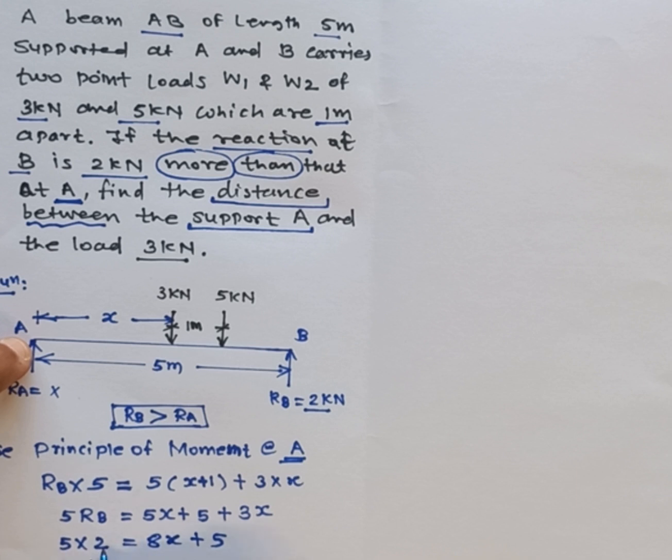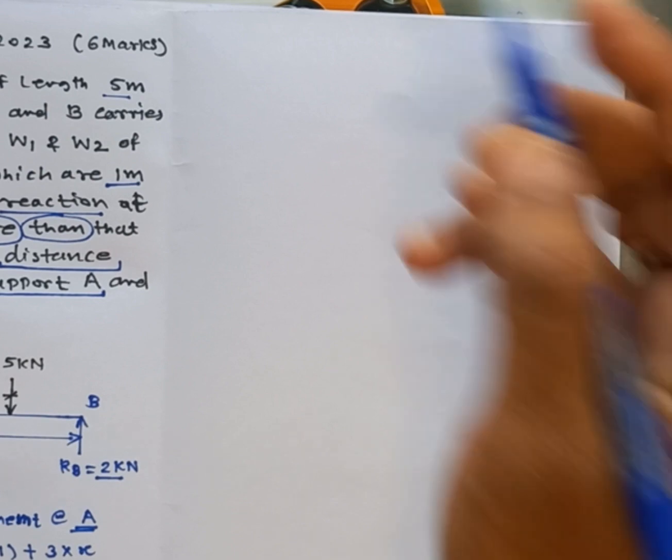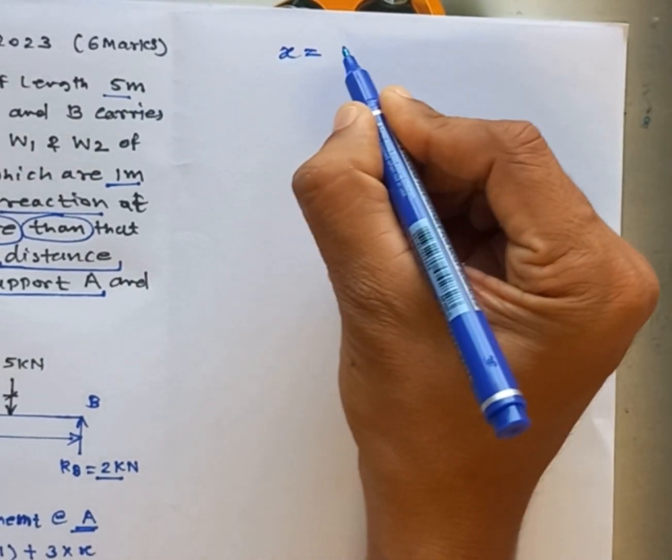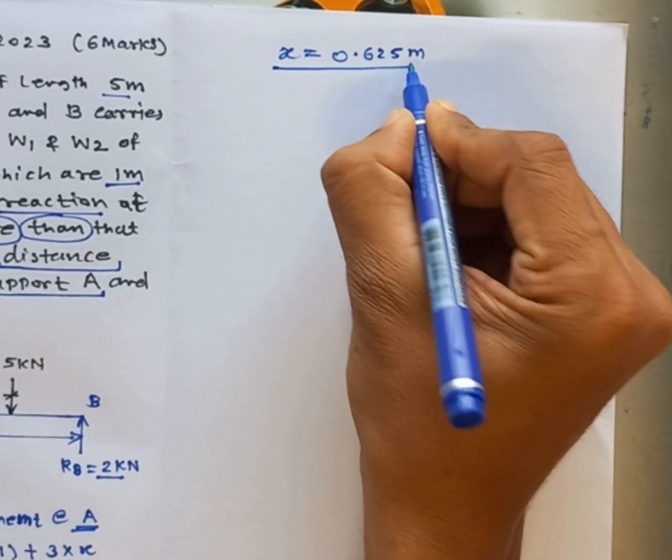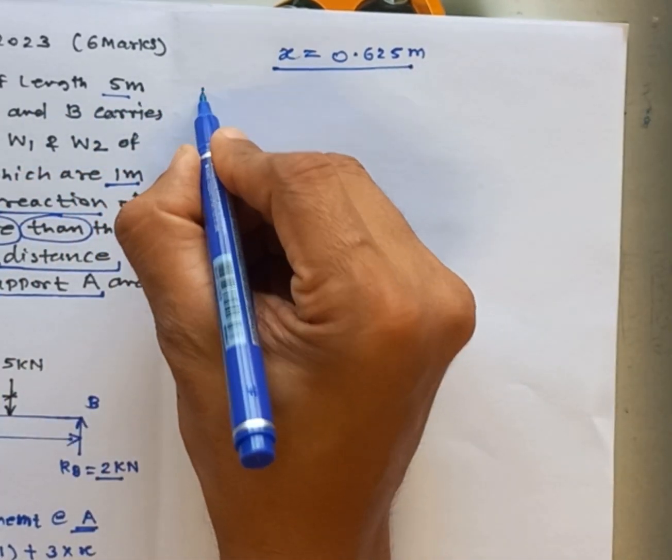So 5 into 2 is 10. I will take the 5 to this side: 10 minus 5 equals 8x. Hence x equals 5 divided by 8 meter. You can solve it on a calculator. So you will get x equals 0.625 meter. This is what is expected.